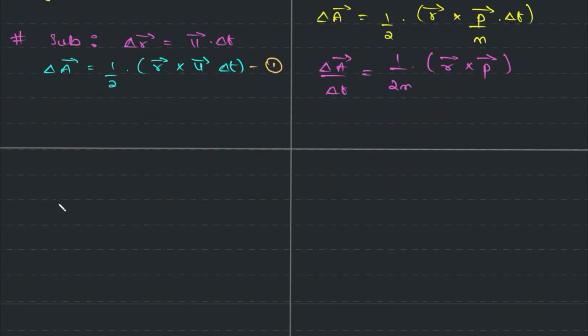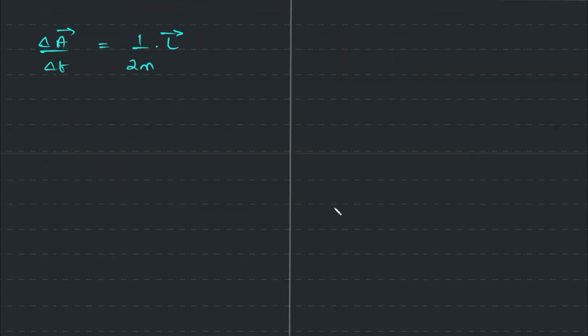Yes, that's what we are trying to relate. The area being related to your angular momentum finally. Okay. So you can rewrite this as L is equal to 2m dA by dt.